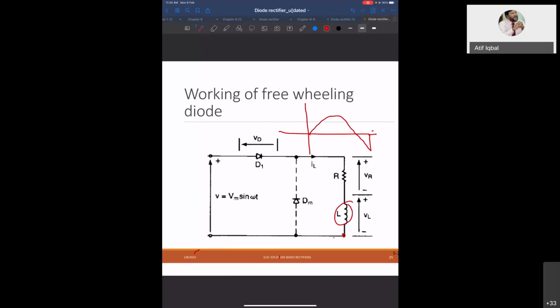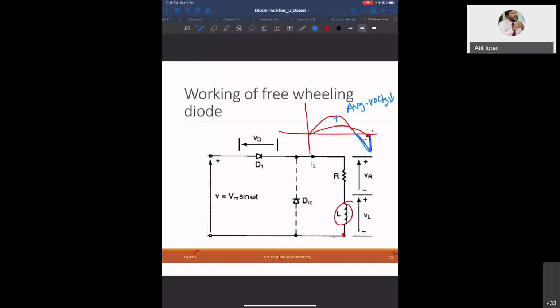You see that the current goes like this, and it takes some time for the current to drop to zero. So the load voltage will have some negative part. And due to this negative part of the voltage, the average voltage will reduce. The average voltage will go down. Why? Because we have this positive and this negative, so this negative will cause the overall average voltage to be reduced.